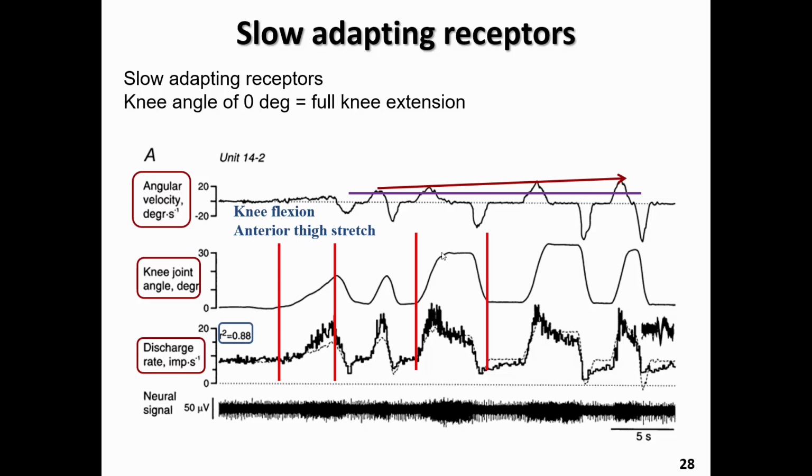Now we see not just a greater amount of knee flexion up to 30 degrees, but the movement was faster, and we can see an even faster movement here. And so what we see overall is that at these different regions of knee flexion, both in magnitude and speed, the discharge rate followed that movement quite closely. And at faster speeds, we tend to see a faster spike in the impulses.